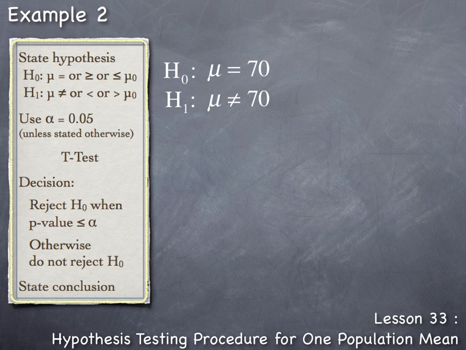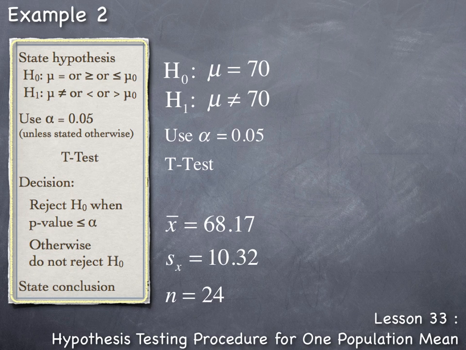Next, we then specify alpha, the level of significance. Here we're using the customary alpha equals 0.05. Next, t-test is the command on the TI-84 calculator that we'll use to calculate the p-value needed to reach the decision. But in order to calculate the p-value, we need the results of the samples.